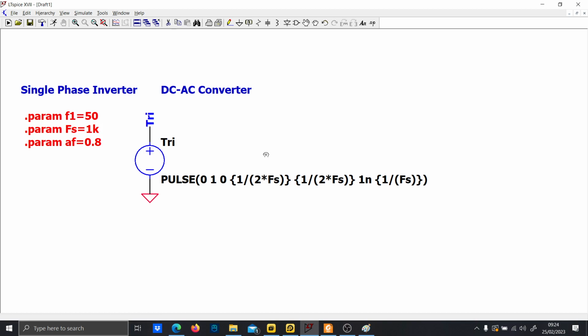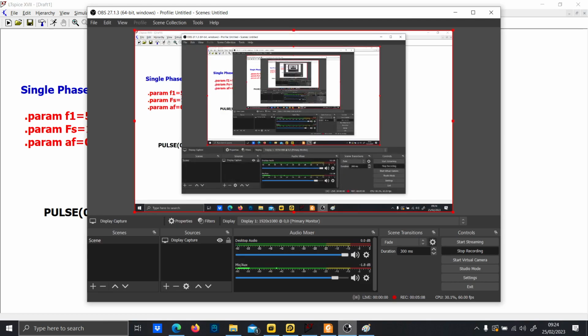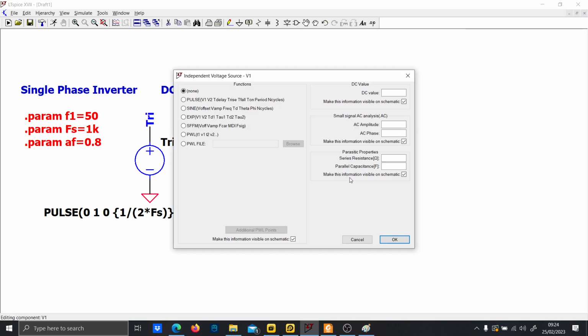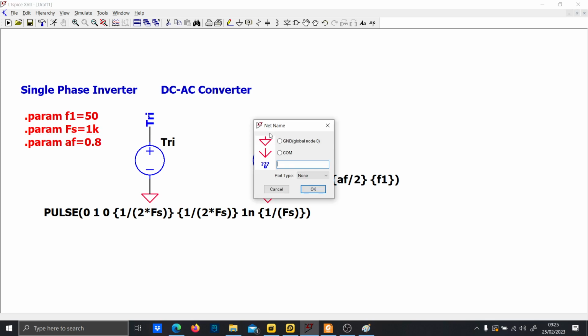So we will use a sinus waveform with an offset of 0.5 and an amplitude given by the modulation factor, so that by modifying the modulation factor itself, we modify the amplitude, with the fundamental frequency f1, and this will be called the control A.